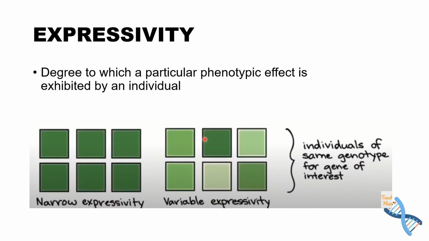So merong makikita sa population na darker green, meron kang nakikita na medyo lighter green, meron kang nakikita na medyo nagiging white, green and white na siya. So yun, variable yung expression ng phenotype na yun. So yun yung expressivity na tinatawag.